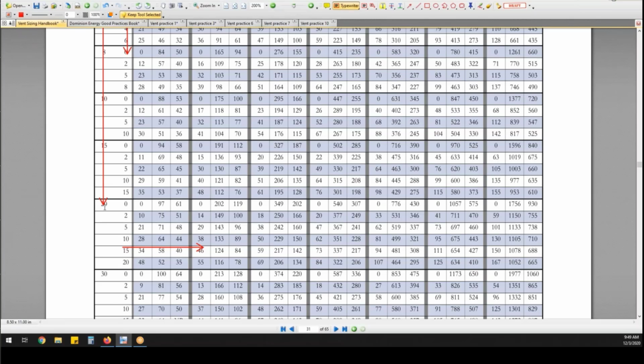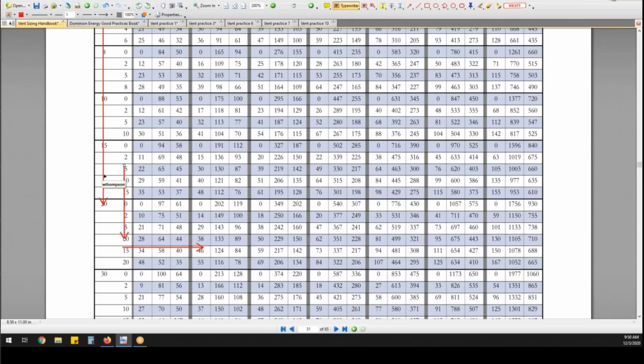Okay, so on our height, we want to go down. But on our lateral, if I fall in between the numbers, I want to go up. Because if it'll work at 10 feet, which will do 44,000 BTUs, I certainly know that it'll work at 7 feet, because the shorter the lateral, see how 5 foot will do more, the shorter lateral will handle more capacity.